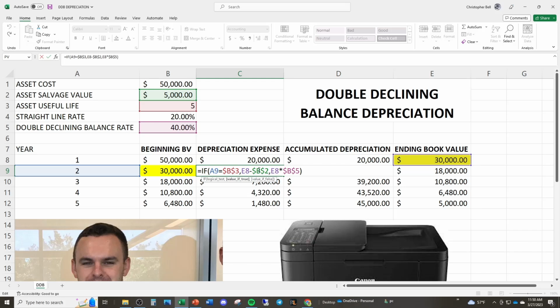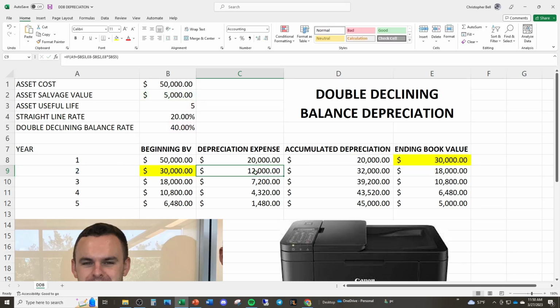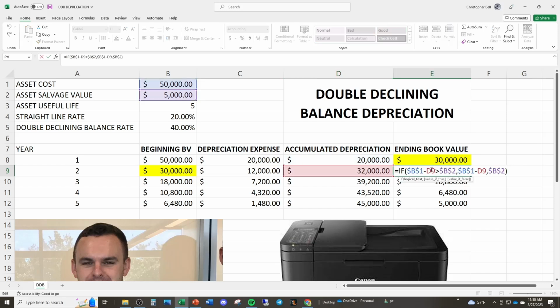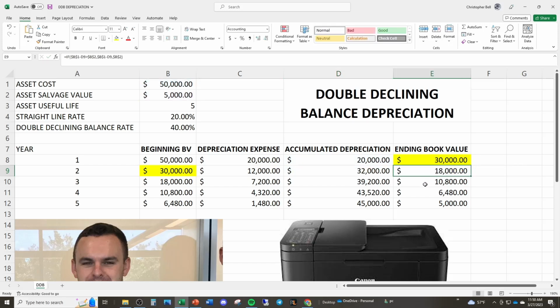That's right, 40%, same amount. $30K times 40% is $12,000 of depreciation. Now, to calculate accumulated depreciation, we take the prior year's depreciation plus the current year's depreciation expense, and then when we net it all out, we have an ending book value of $18,000. And we go on and on and on until year 5.